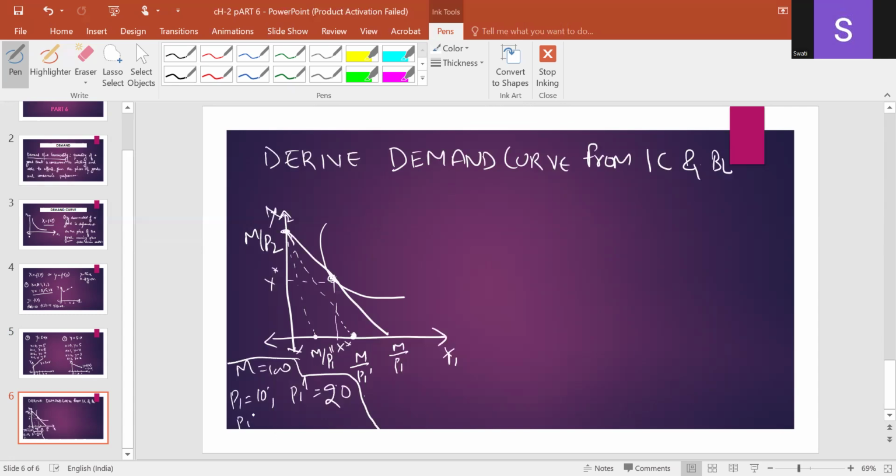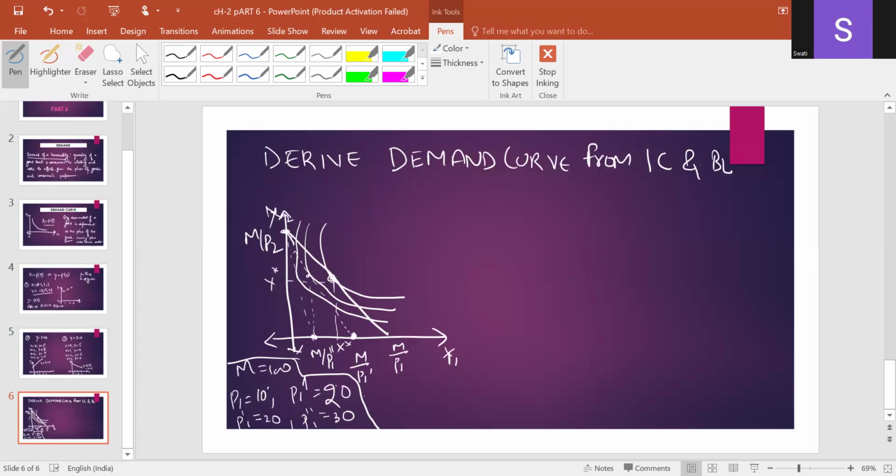So P1 dash is equal to 20. Now P1 double dash is, let's say, 30. So it would be like 3.3333, right? So what is happening right now? Now if I draw an indifference curve for our budget lines, earlier I was able to consume over here.